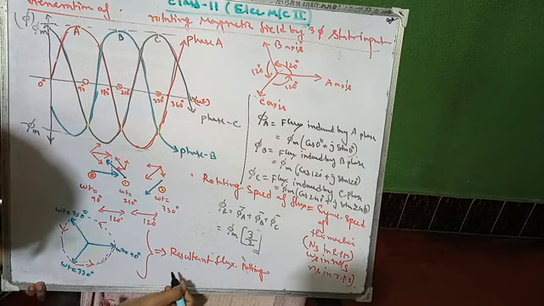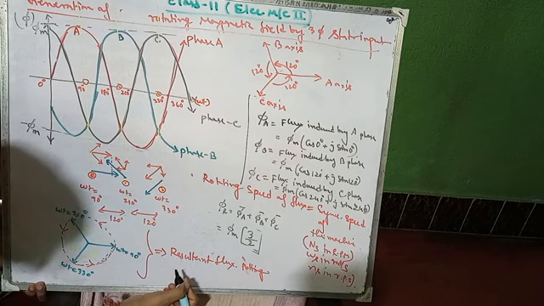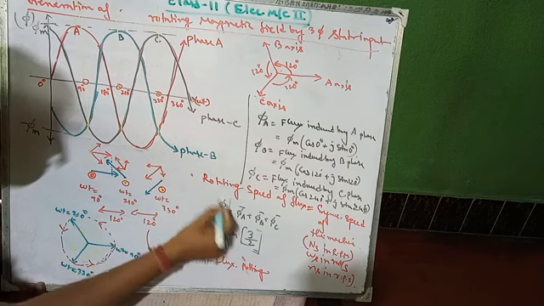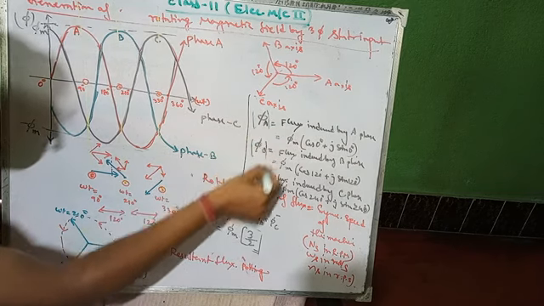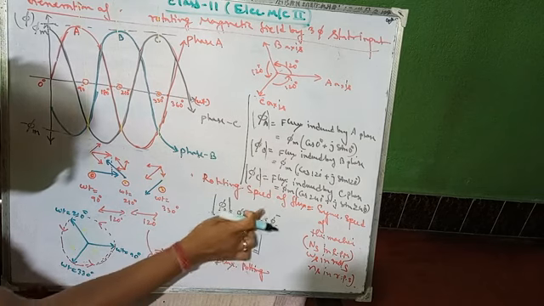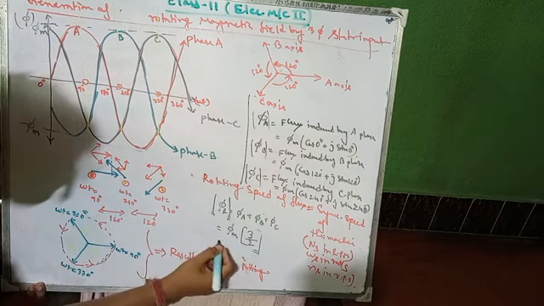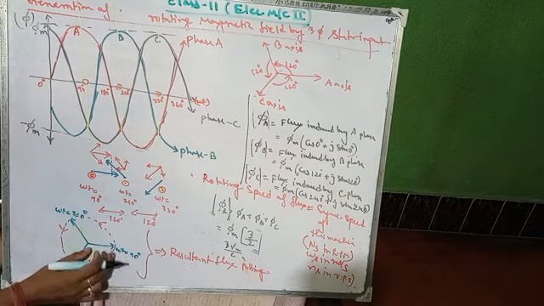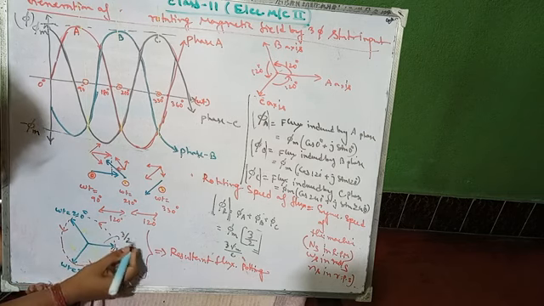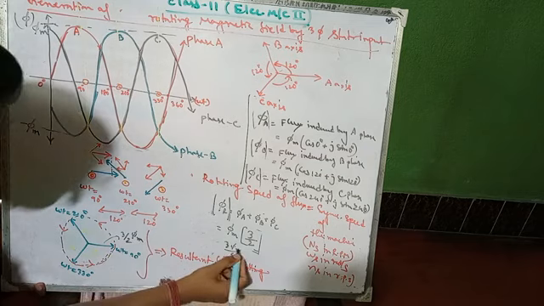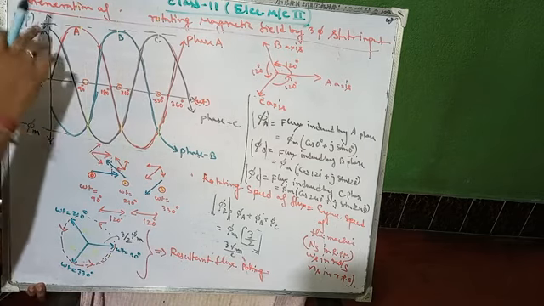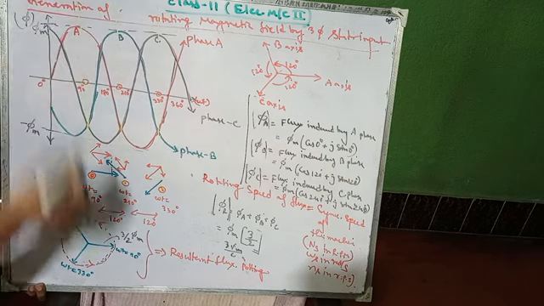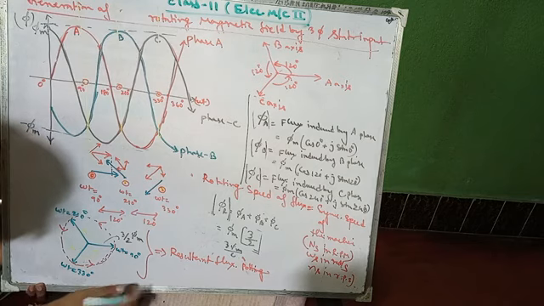So that is the resultant magnitude. So I am taking the magnitude only, so no need to write the phasor quantity. So phi m 3 by 2, that is 3 phi m by 2. So whatever the phi m, it will be again added by half. So resultant will be 3 by 2 phi m.